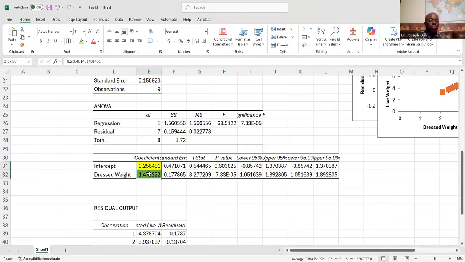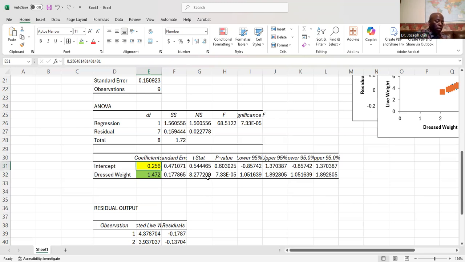So let me make them 2 decimal places. You can make it 2, it doesn't depend on what the question says. So our intercept, B0, equals 0.256, and our B1 equals 1.472.